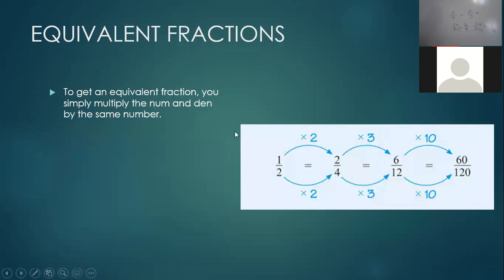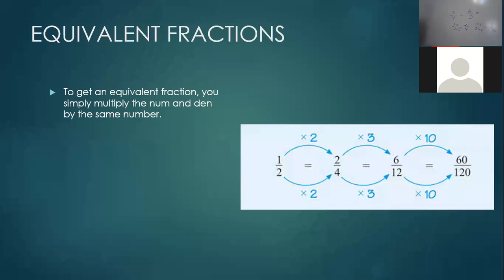If I want to go from 1 over 2 to 60 over 120, I multiply the top and the bottom by 2. I multiply the top and the bottom by 3. I multiply the top and the bottom by 10. I multiply the same number on the top and the bottom, and that gives me what's called an equivalent fraction.